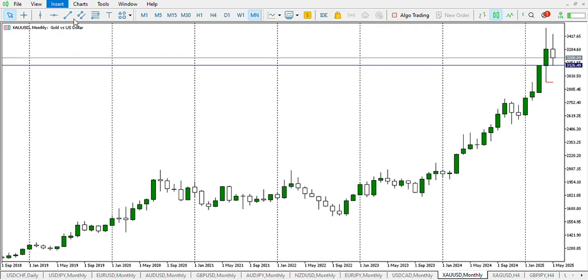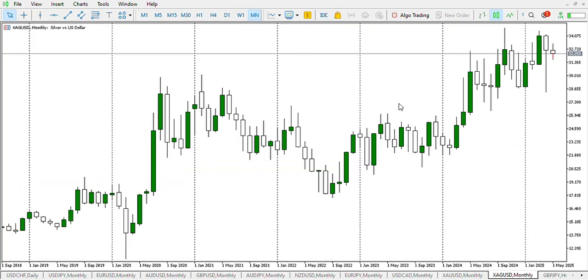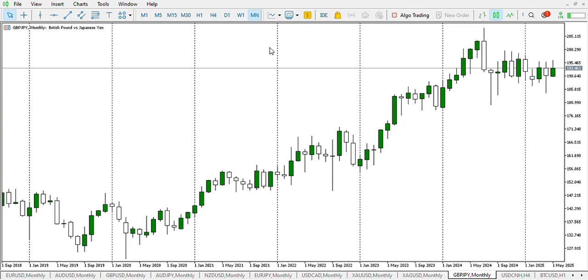On gold, we can see a swing low, which indicates that gold is going to be buying up. On silver, what do we have here? On silver, we can see a swing high, which indicates that silver is going to be selling. On GJ, you have a swing low.